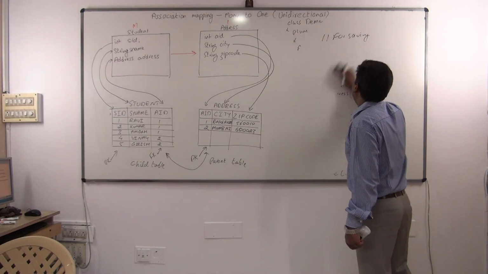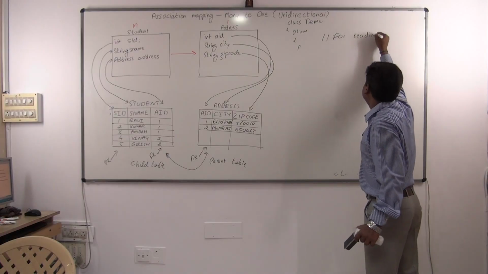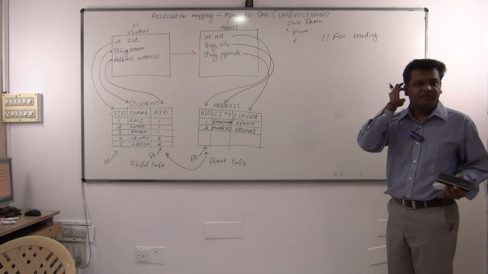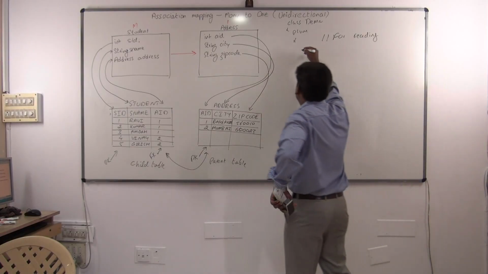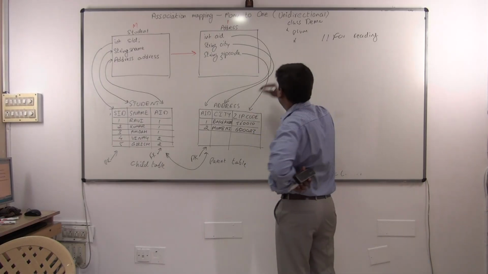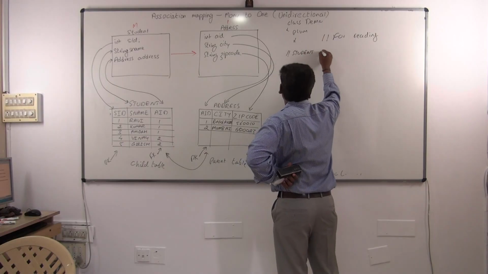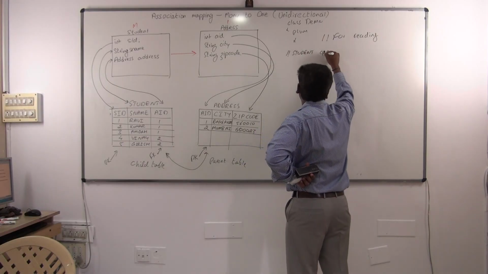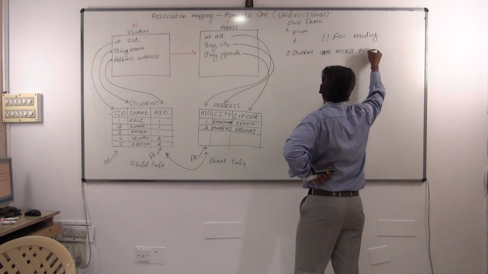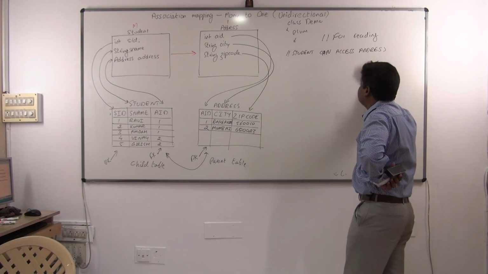Yes, so if you want to read now, what will you do? This is for reading a record. As it is, you will get the session. Directly I'll start from the session now. See this now. I want the student and his address. So here I'll write a comment: student can access address.